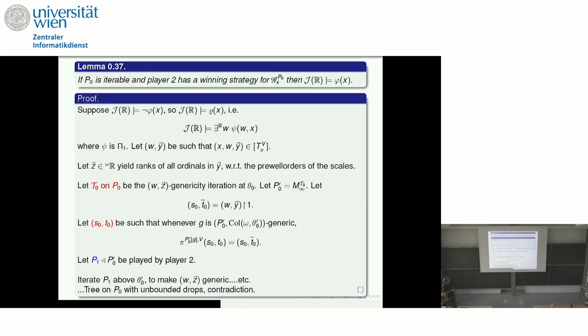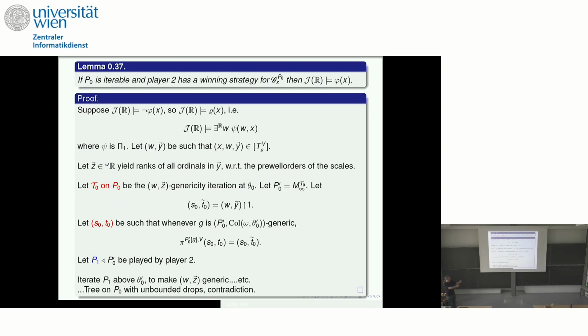Okay, so if it's iterable and player 2 wins, then JR satisfies the pi 2 formula, because otherwise you iterate to make the reals generic and the witnesses generic. If the sigma 2 thing is true, then there's this W and Y vector that witnesses it and is a branch of the true tree, and the iterations T0 and T1 and so forth are iterating to make these things generic, to make sure you get S0, T0 that you can plug in, and so on, S1, T1, corresponding to this.